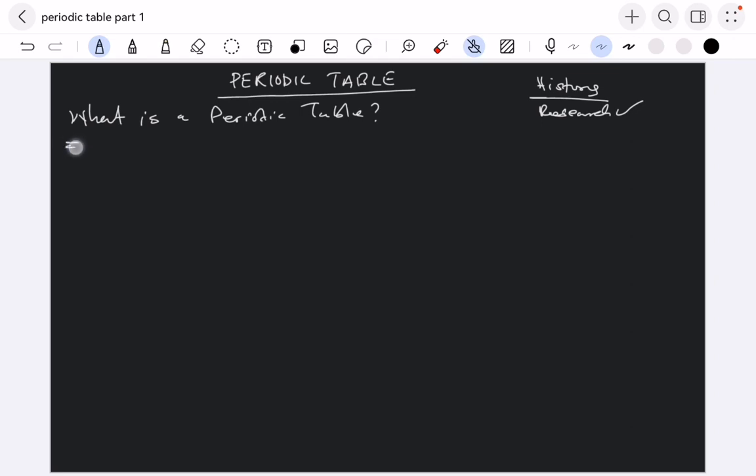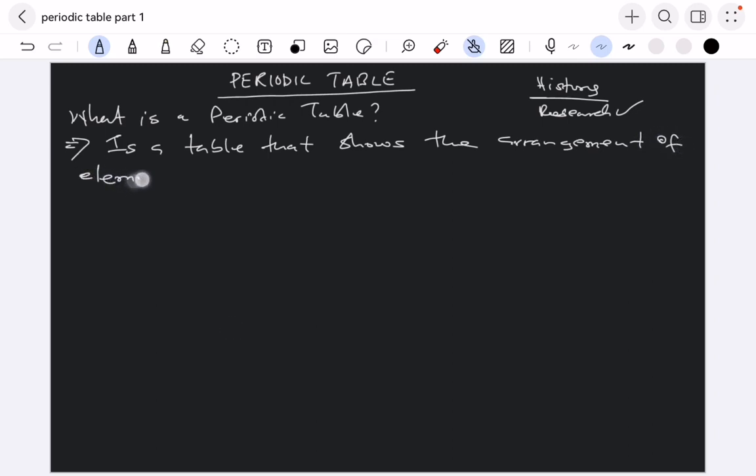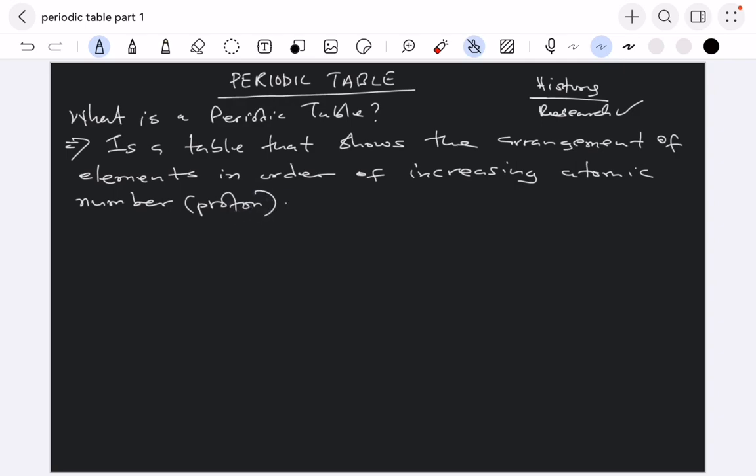So, a periodic table is a table that shows the arrangement of elements in order of increasing atomic number or proton number.